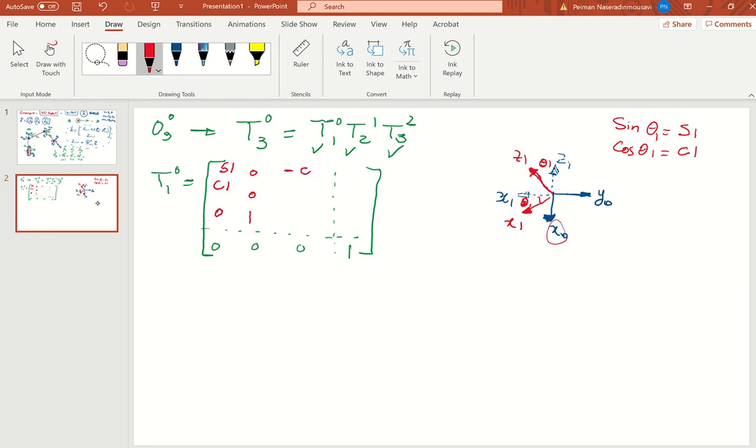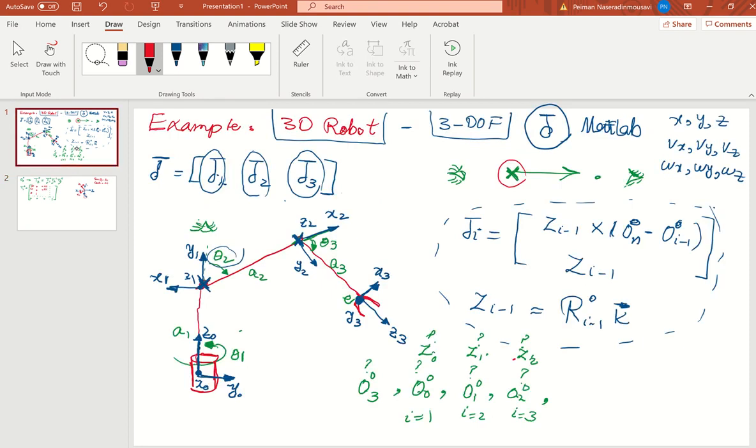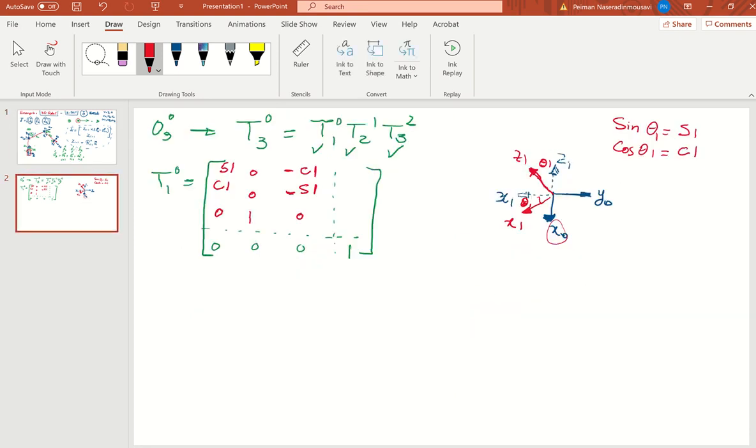We show it with cosine 1. Over y naught it's going to be minus sine 1. And obviously z1 is normal to z naught, so it's going to be 0. Understand?